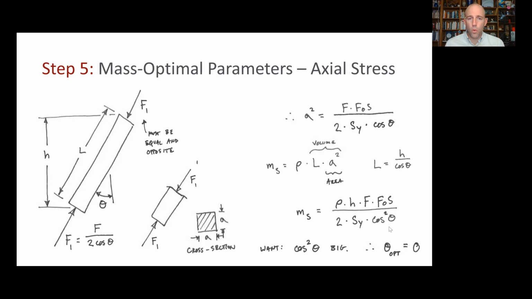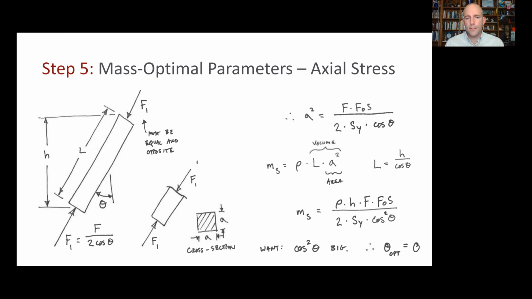And you'll see that we do have one remaining geometric parameter, which is theta. Now we want the mass to be as small as possible. And so if we look at the right-hand side here, we want cosine theta to be as big as possible since it's in the denominator. And the biggest possible value of cosine theta is 1, and that occurs when theta is 0.